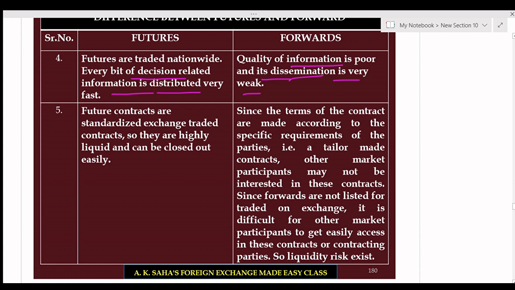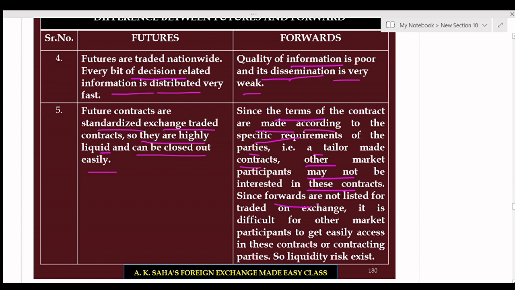Futures contracts are standardized exchange-traded contracts, so they are highly liquid and can be closed out easily. Since the terms of forward contracts are made according to the specific requirements of the parties, that is, tailor-made contracts, other market participants may not be interested in these contracts.